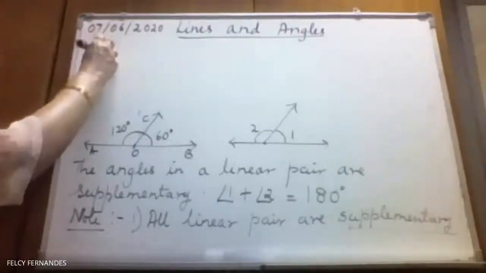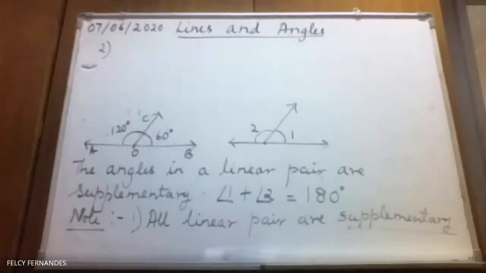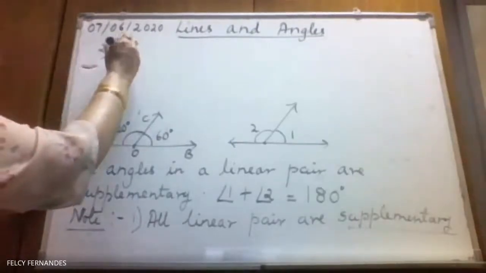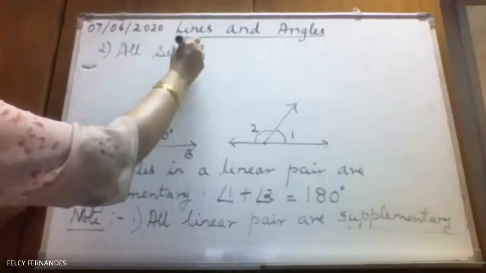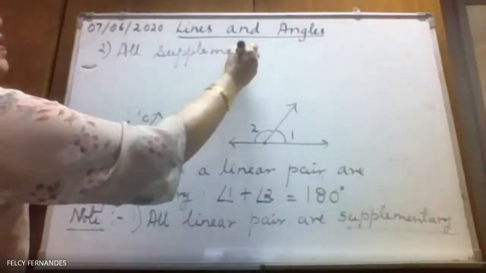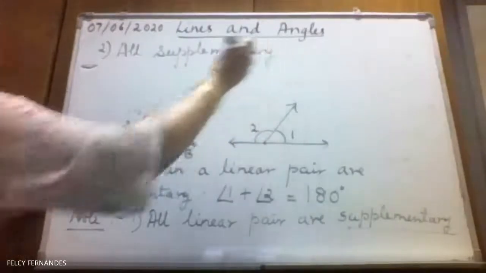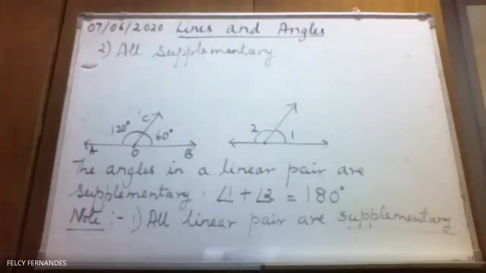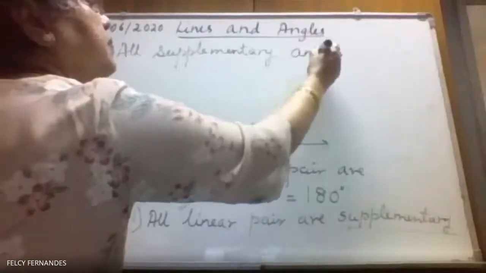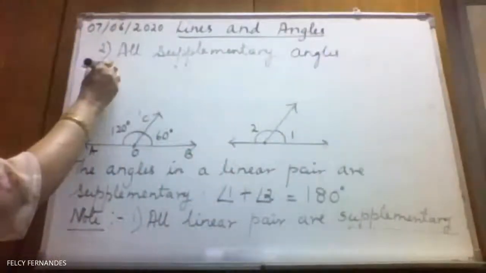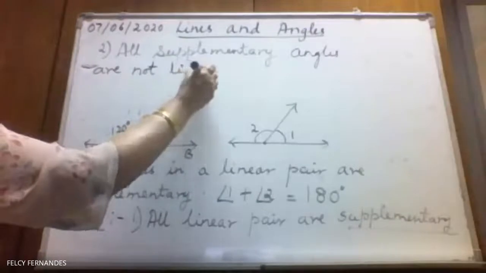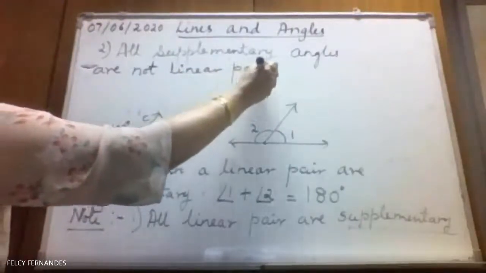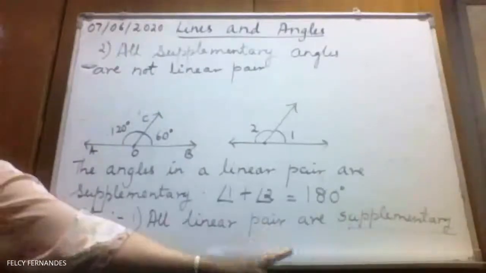Now the second point: all supplementary angles are not linear pairs, but all linear pairs are supplementary.